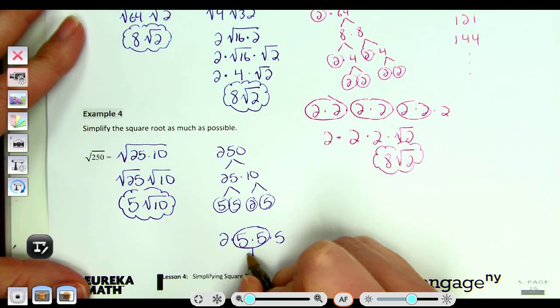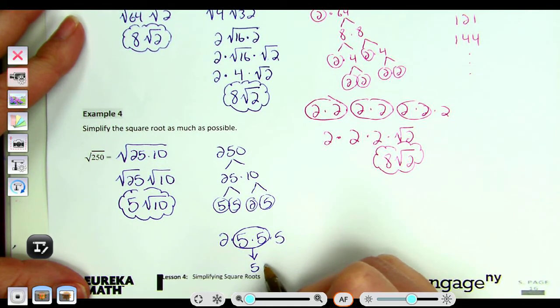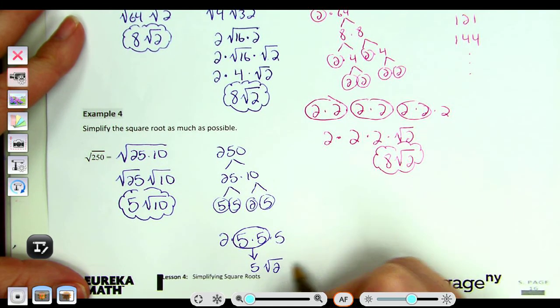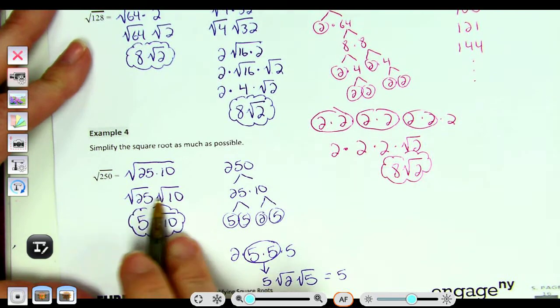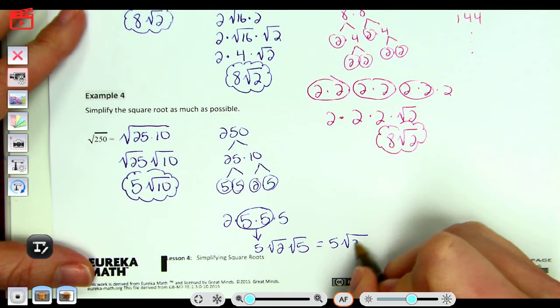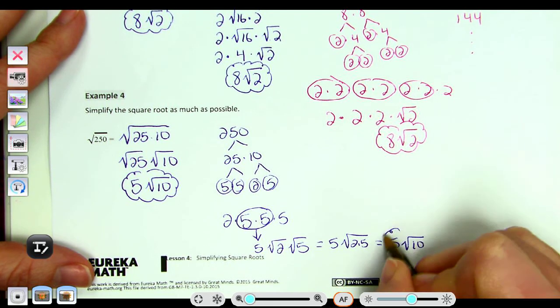So I know I'm going to bring that out here, but then this 2 and this 5, I have to write under square roots. And kind of go in reverse of what we do here, we would still get to the same answer.